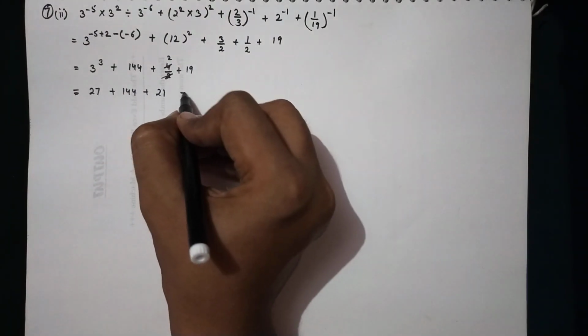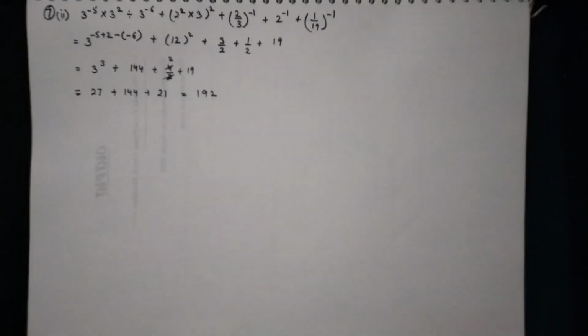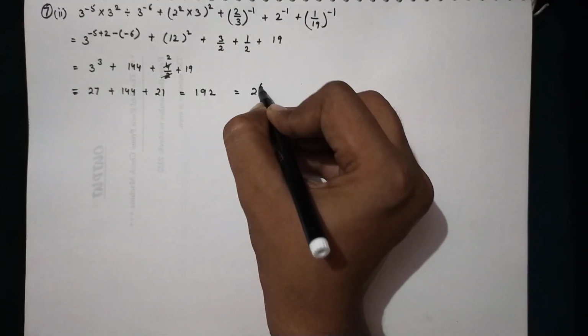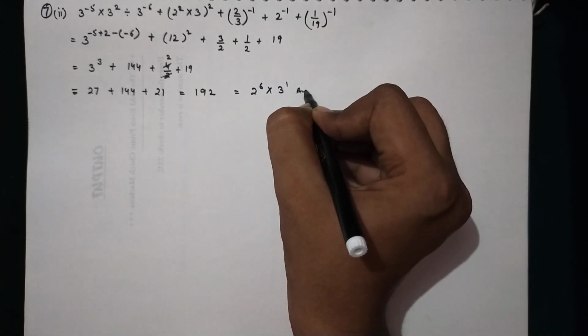Now on adding all of it, you get 192, and making a prime factorization and solving it, you get 2 to the power 6 into 3 to the power 1 as your answer.